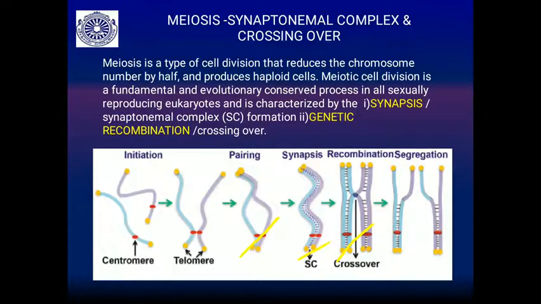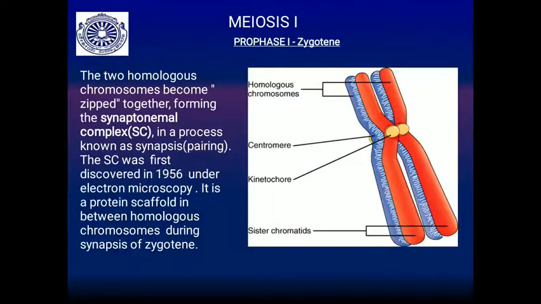Now we study more about the synaptonemal complex that appears during zygotene. These are two homologous chromosomes. Each chromosome has two chromatids, because before entering into the prophase there is a DNA duplication, or chromosomal duplication. That is why each chromosome has two sister chromatids.